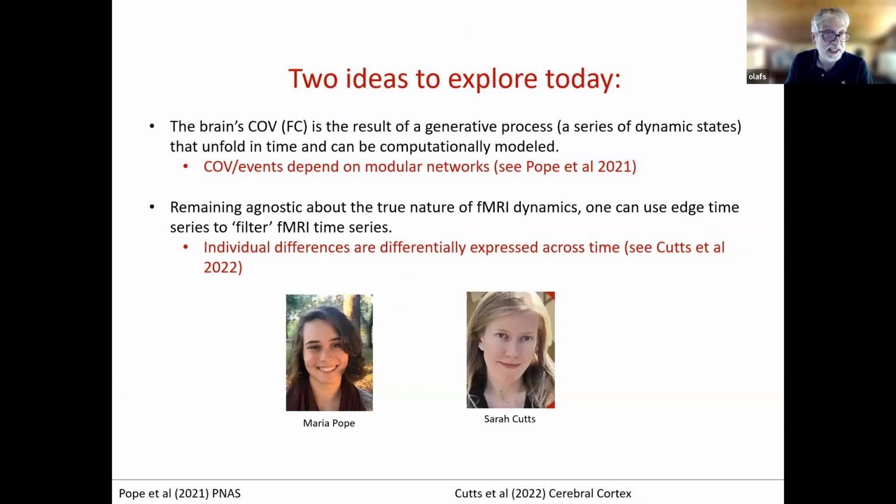The answer is yes, and in fact, we can show that these fluctuations that we see in real data are traceable to modules, to structural connectivity clusters that are driving these events and are responsible for them in a sort of causal way. Secondly, can we use these fine-scale fMRI dynamics to enhance or increase signatures of individual differences across individuals? And the answer is we can.